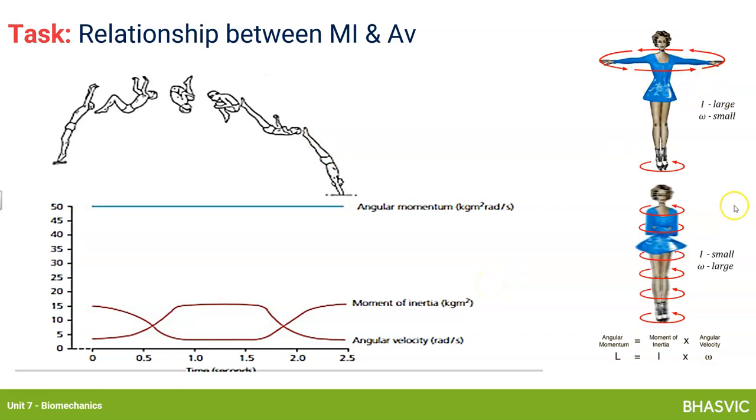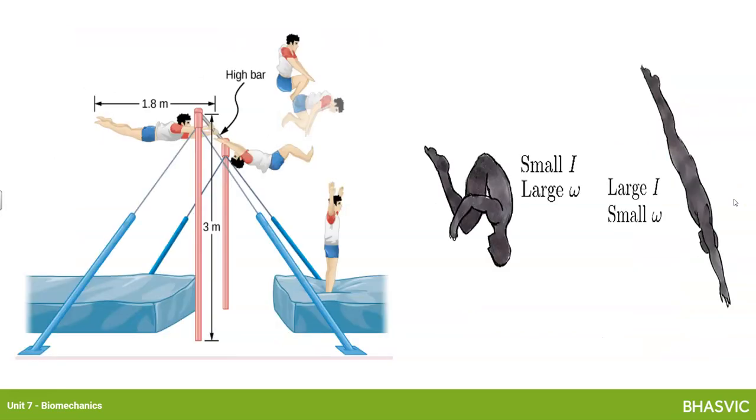And of course, there's my ice skating example. There are loads and loads of examples whereby we have big moment of inertia, small moment of inertia, low velocity, fast spinning, high angular velocity, and so on.